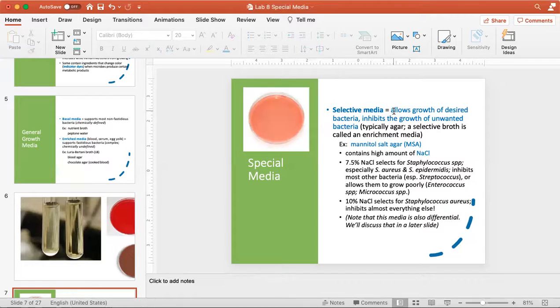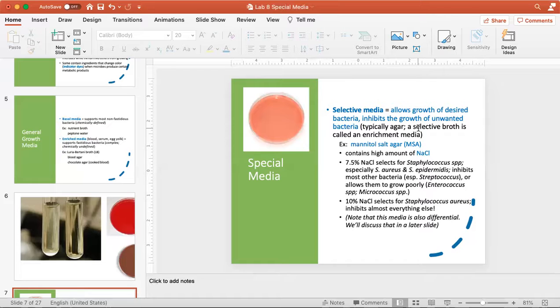Selective media is going to allow us to select for certain kinds of bacteria to grow. It's going to allow us to select for one or two or several kinds of bacteria and select against the other kinds of bacteria.